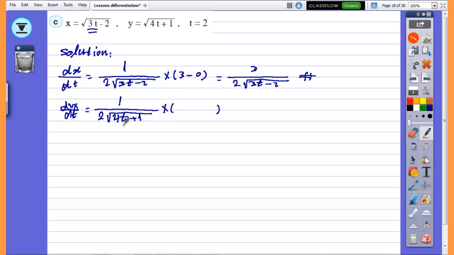The derivative of 4t is 4 plus the derivative of 1, which is 0. So the result equals 4 divided by 2, which equals 2 over root 4t plus 1.